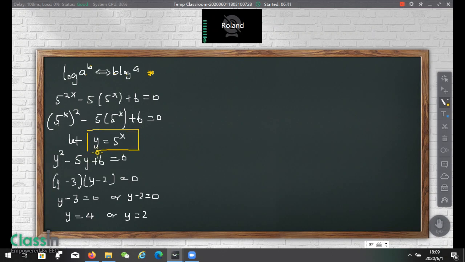And y is the same as 5 to the power x. So if y equals 3, that means 5 to the power x equals 3. Or if y equals 2, that means 5 to the power x equals 2. We can solve for x in each case by applying log to both sides. If we apply log to both sides, we have log of 5 to the power x equals log of 3.